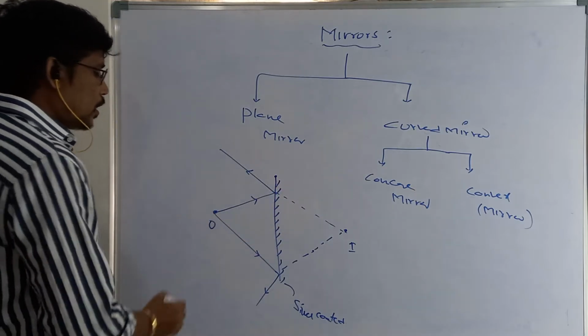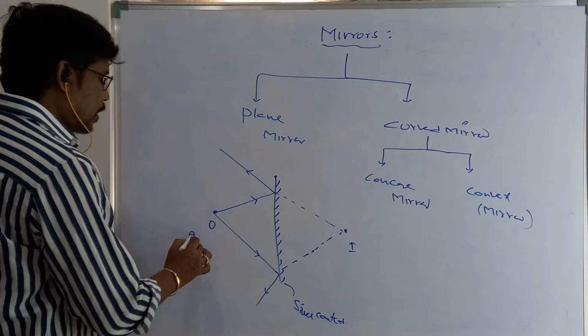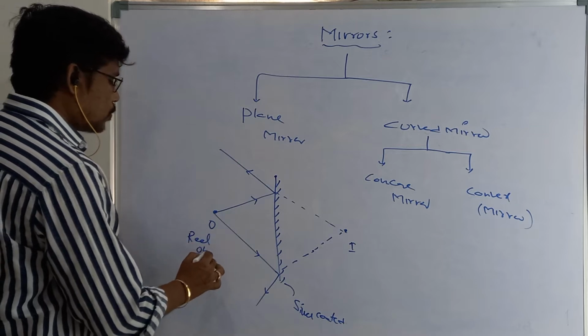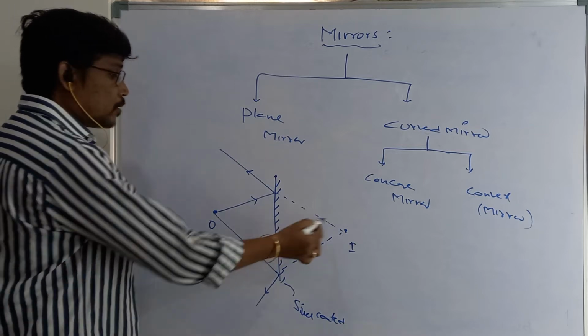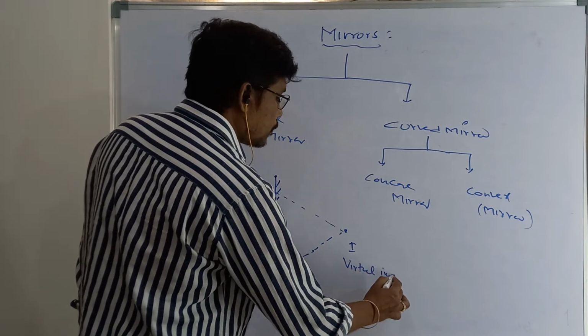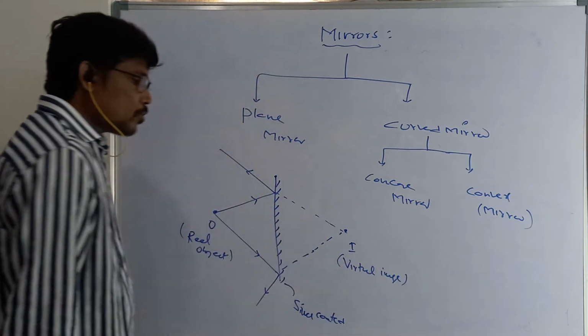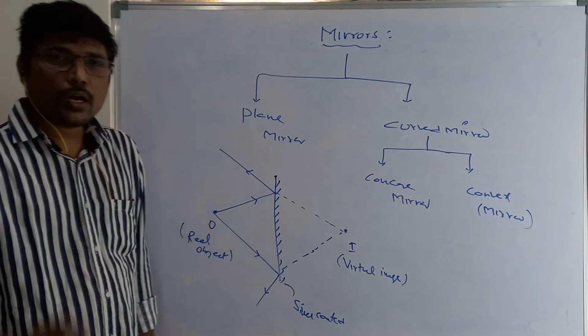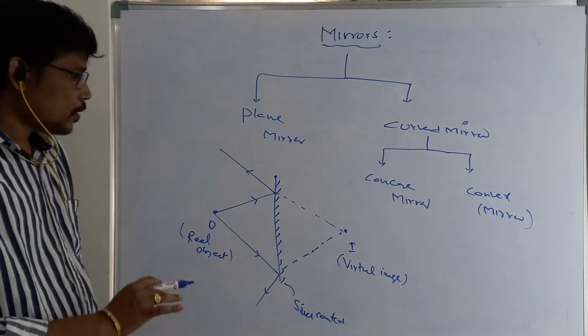In this case this is a real object, and this is a virtual image. We discussed this point in the last video lecture.